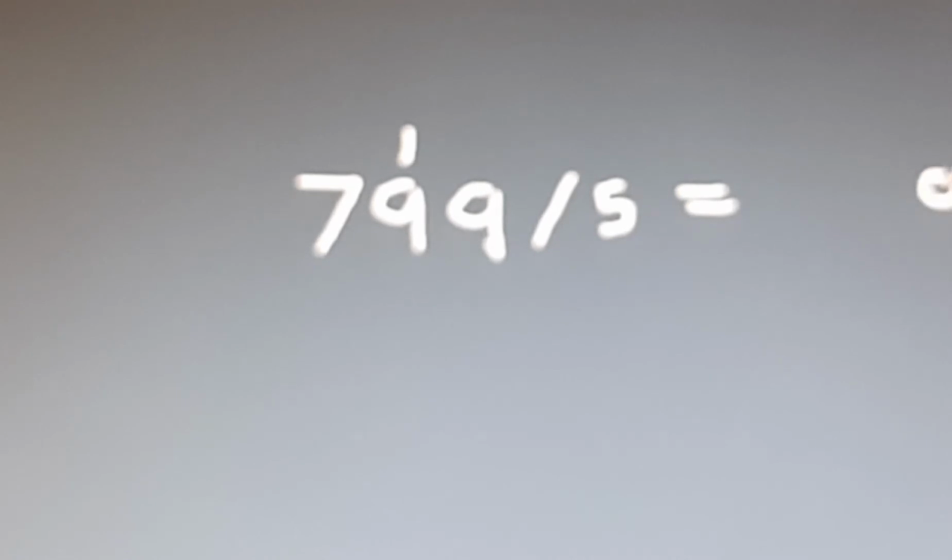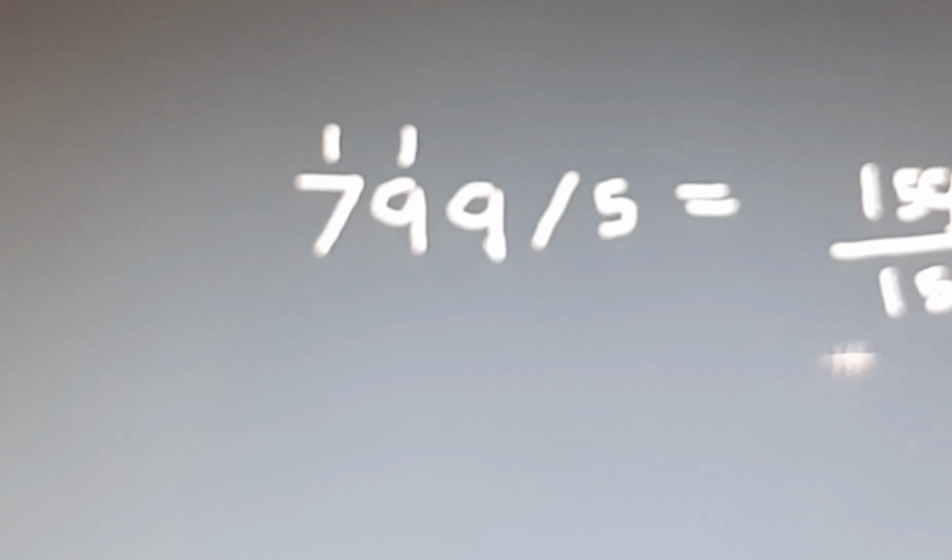You have to put 9 here and the carry forward number will come here. Then double of 7 is 14 plus 1, 15. So your answer will be 159.8. Right? That is your answer.